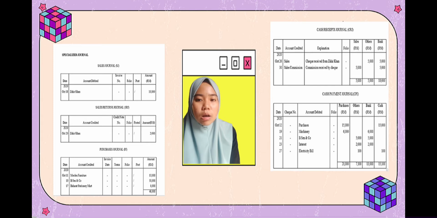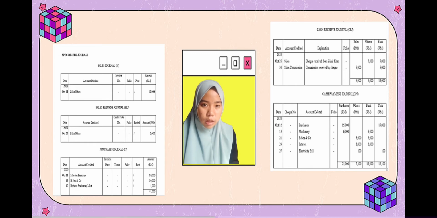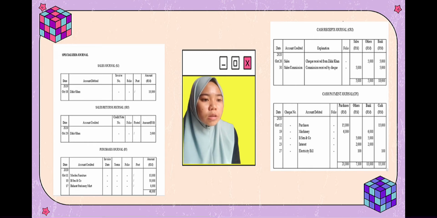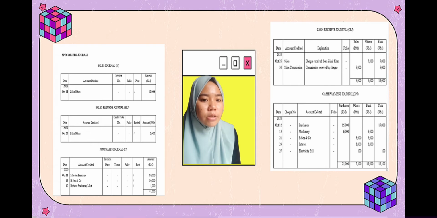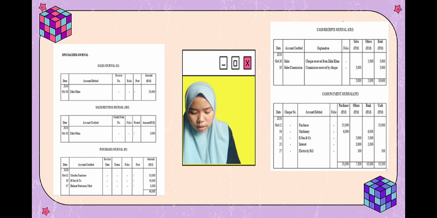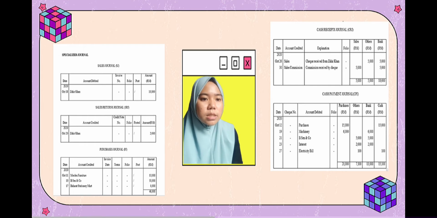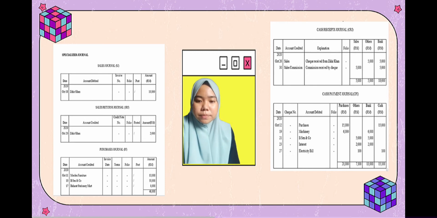On 11 October 2020, Modern Furniture credit is 10,000. On 13 October, B and Sin Co is 30,000. And on 17 October, Bharat Stationery Mart credit is 100. The total of the purchases journal is 41,000.